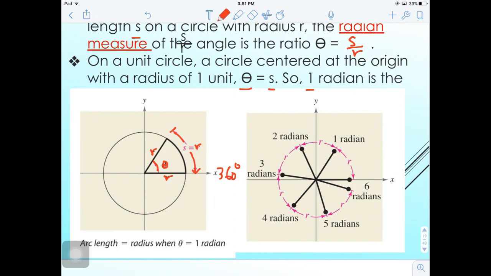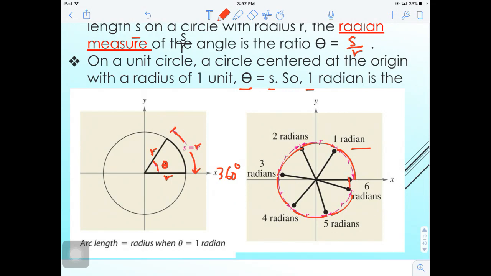It's kind of like the difference between Fahrenheit and Celsius. So instead of degrees, we are dealing with radians. And if you look at the whole circle, it has 1, 2, 3, 4, 5, 6, and a little bit. Why is that?